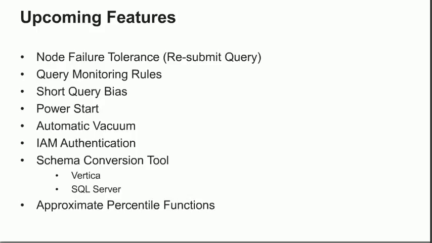The next is vacuum. We're going to be coming out with automatic vacuum. That's one of the upcoming features that we're also working on. For now, we have a really good utility that we've released onto GitHub, in the Redshift utils, where we've released a whole bunch of utilities and useful queries.